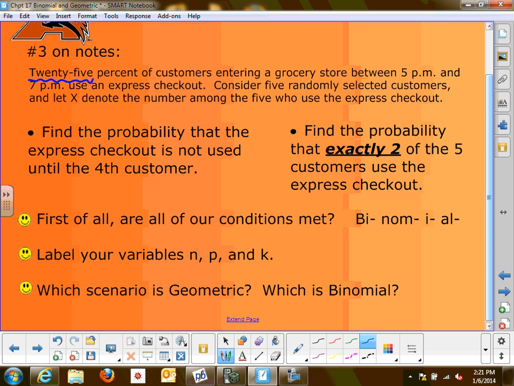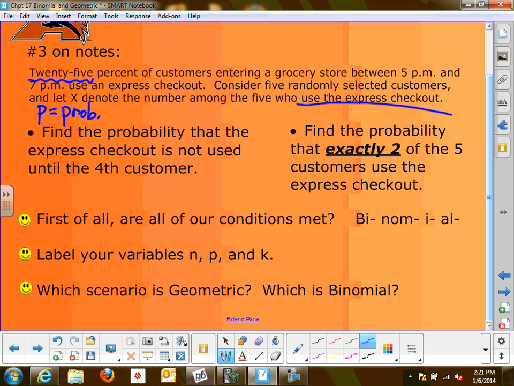the express checkout. Okay, so we're going to consider 5 randomly selected customers, and we're going to let X be the number among the 5 who use the express checkout. So we're interested in how many use the express checkout. So let's first define some variables. You've got some space there. Let's let P be the probability.